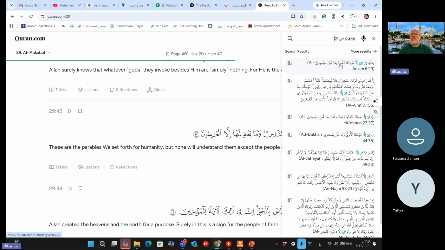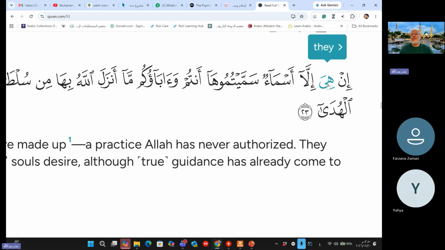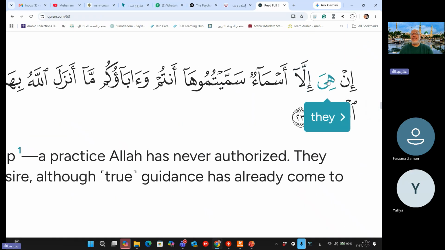قالوا إن هي إلا حياتنا الدنيا فتنتك موتتنا الأولى. Yes, this one, for example. These idols are mere names. So names is plural, idols is plural, and both of them are non-human. So the Quran says in hiya, they. Look how they translate the word hiya here: they.